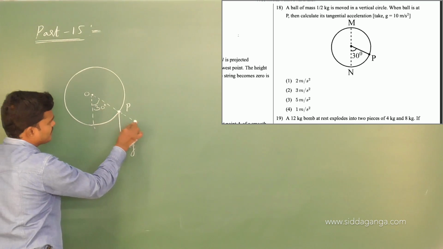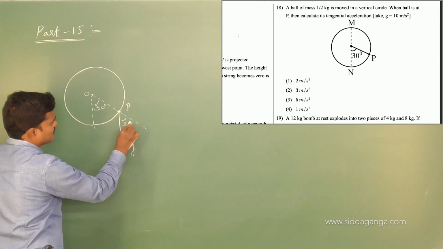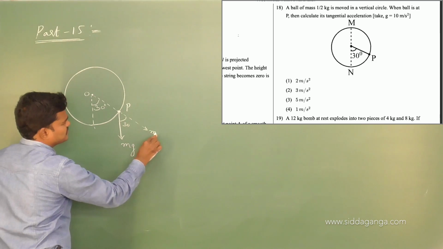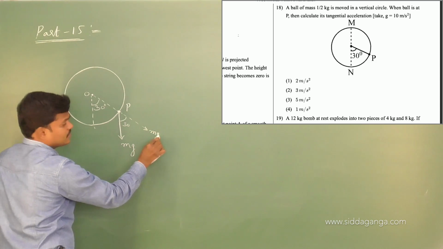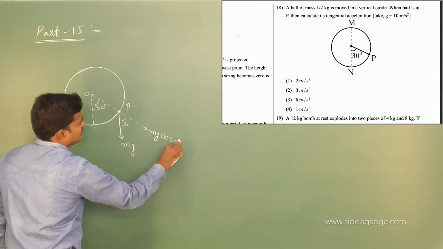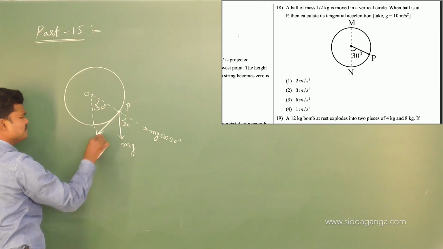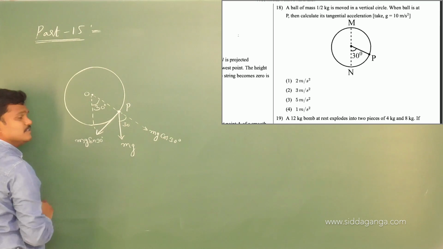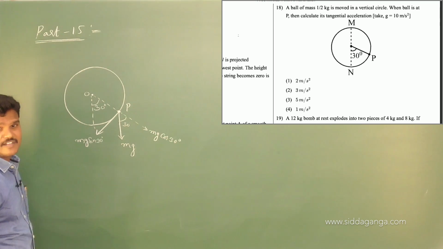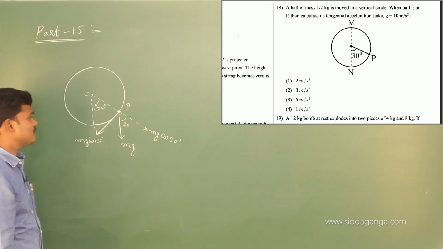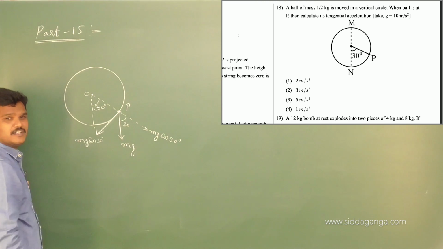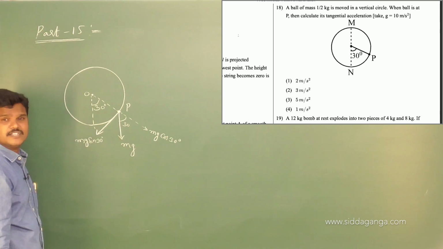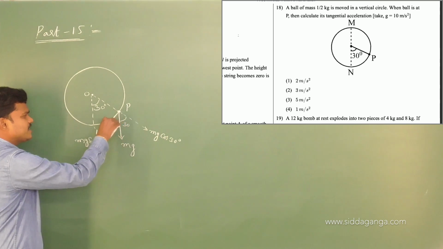If this is 30 and if you extend, what is this? mg cos 30, and what is this? mg sin 30. They are asking tangential acceleration, tangent. Is mg cos theta the tangent or mg sin theta the tangent? No doubt this one is the tangent.